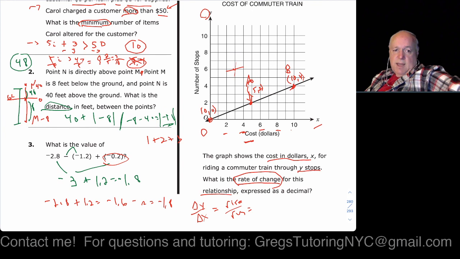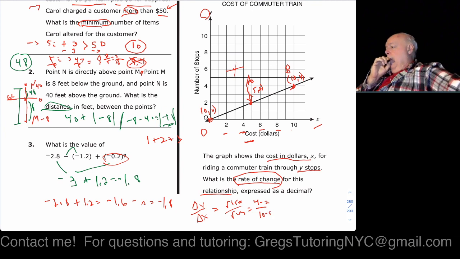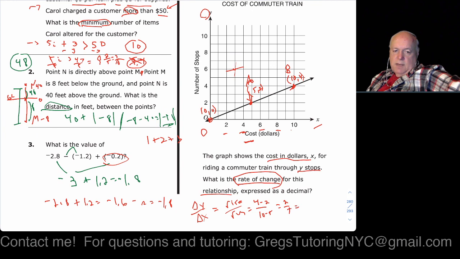One way to do that is to use the difference between B and A. The change in y for B is going to be 4 minus 2, and the bottom is going to be 10 minus 5. And that gives us 2 over 5, and that gives us 4 over 10.